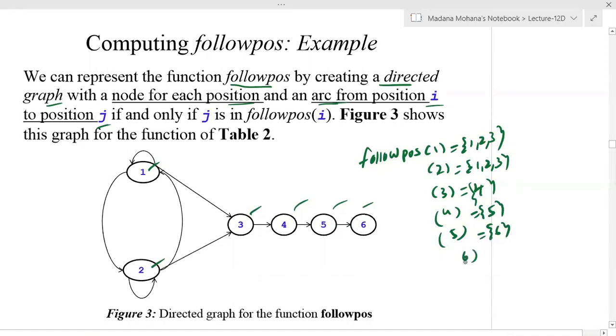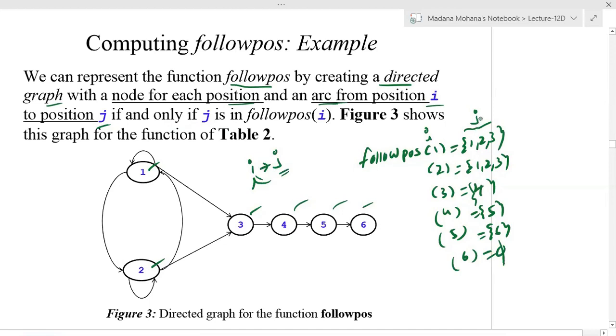Then follow position of 6, we don't have any, phi. So based on this combination, this is j, this is i. Using this condition, we have to draw an arc from i to j if and only if j is in follow position of i.